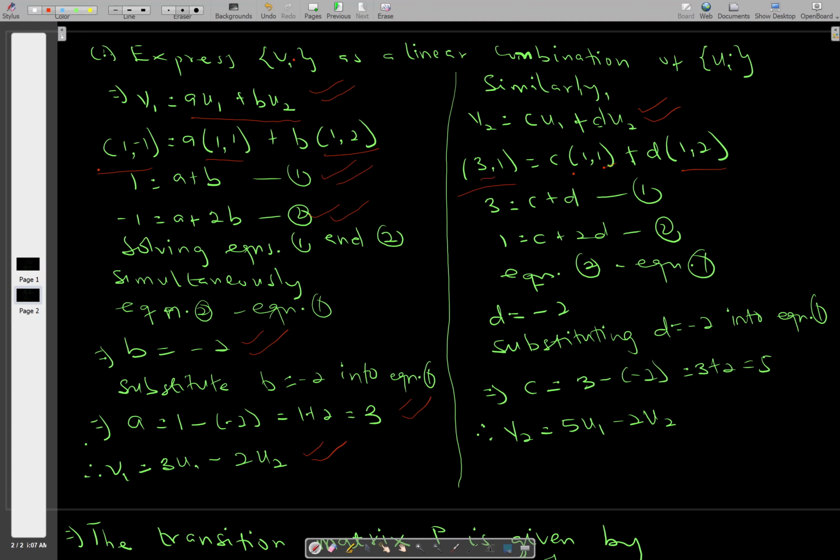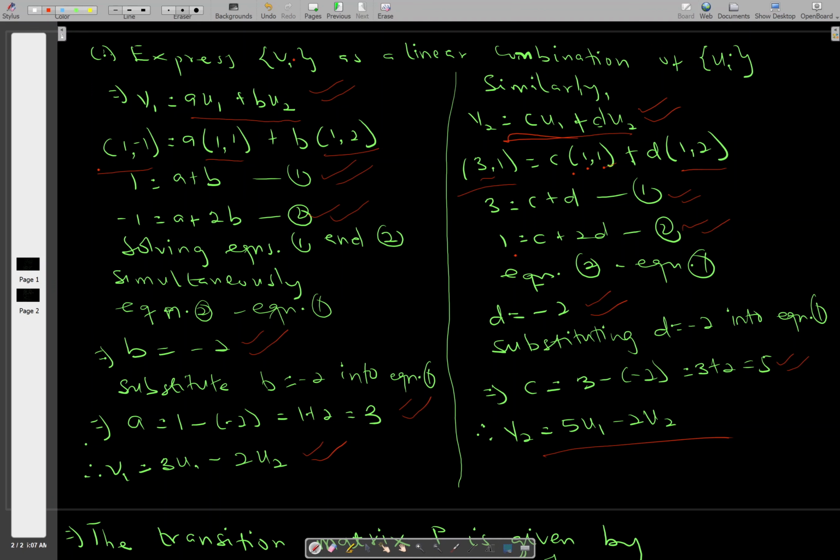So we pick the first element in each of the vectors. So we have 3 equals C plus D, that's equation 1. Then 1 equals C plus 2D, that's equation 2. We solve equation 1 and 2 simultaneously. So when we do that, we have D to be negative 2 and C to be 5. So therefore V2, which is CU1 plus DU2, is the same as 5U1 minus 2U2.